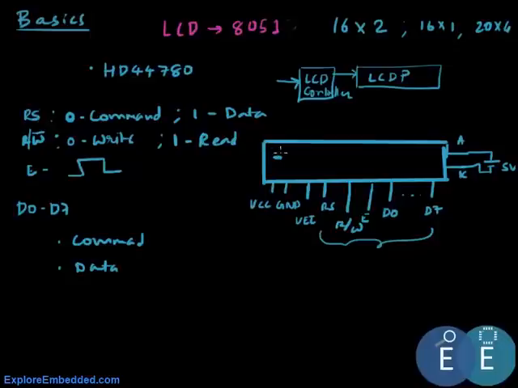So like this would be the actual data. Now let us go ahead and look at what commands are available for us in order to set all the basics and all the characteristics of an LCD. So let us look at commands in detail.